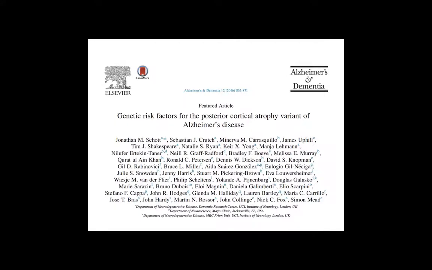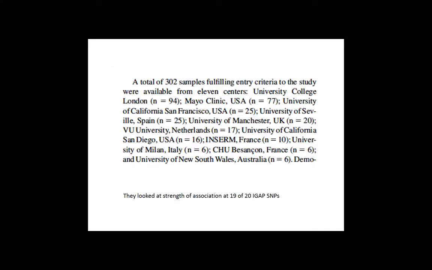So this group pulled together resources across the world, 302 people, which is an enormous study for this rare condition. And their biggest sample was from the group at University College London, and they go down to some centers that contributed a total of 6 people each. So lots of centers, very few participants per center.